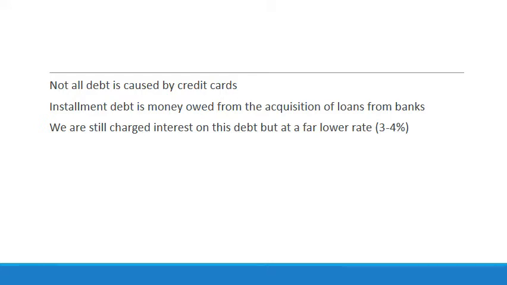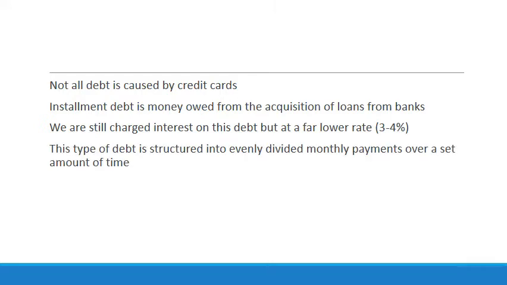Borrowing money from the bank is actually a far better prospect than putting a large purchase on a credit card because of the difference in the interest rates. This amount of debt is structured into evenly divided monthly payments over a set amount of time. So we're talking loans, car payments, mortgages. All of these are types of installment debt in which we pay the same amount each month, and the interest rates on these are very low.